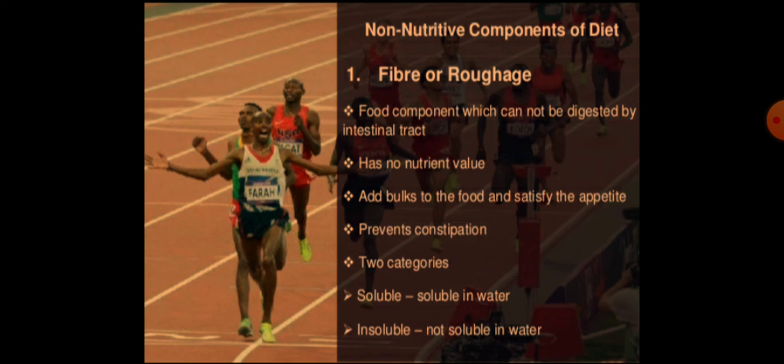This is in maximum quantity in the food, and this helps to satisfy the appetite. Prevents constipation. It helps in the smooth movement of the food in the intestine, so that's why it prevents constipation. Two categories are there: soluble, soluble in water; insoluble, not soluble in water.